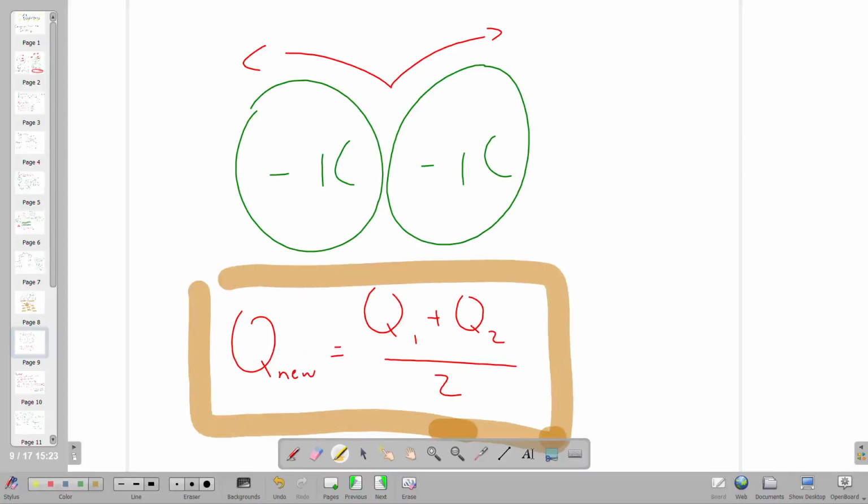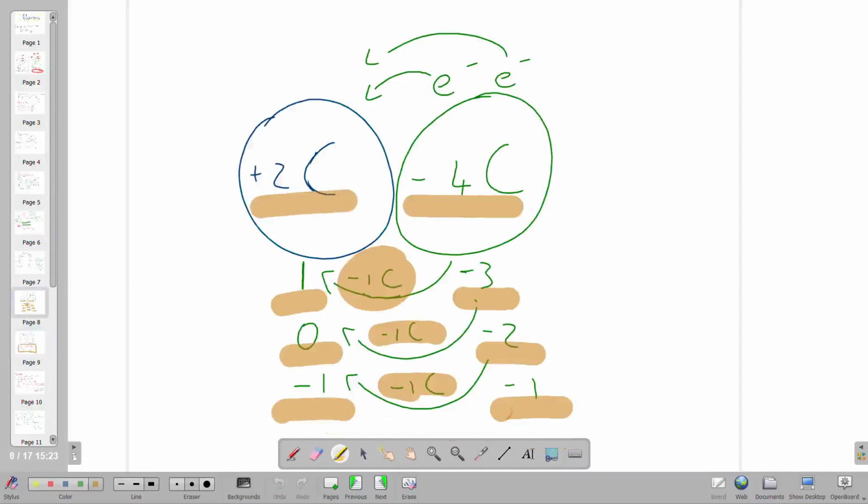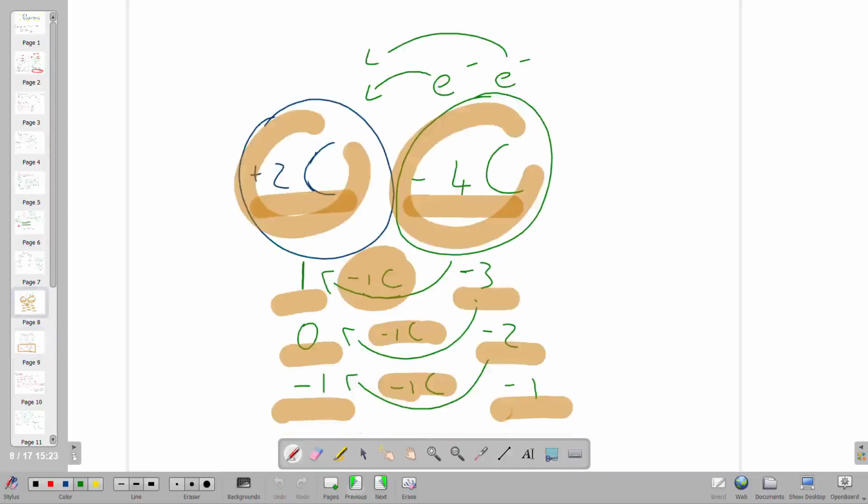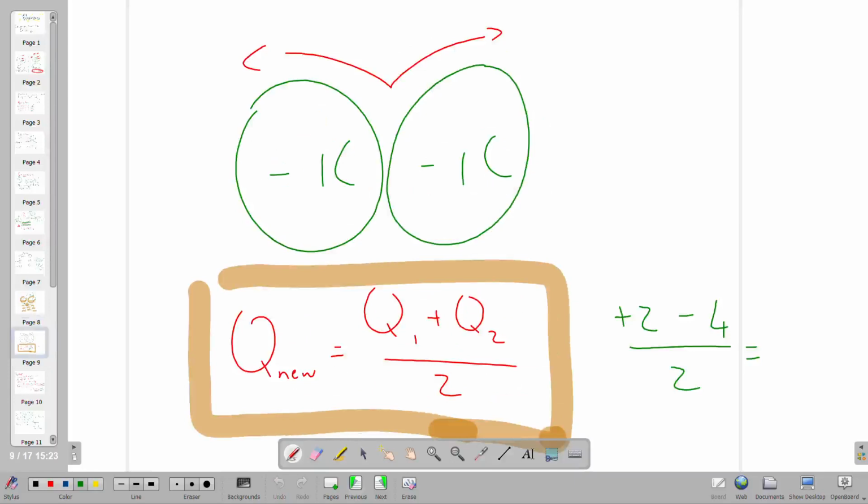As you can see from the previous one, +2 -4, if I put that into the formula here, I can say +2 -4 all over 2. The answer is going to be -2 over 2, which is -1 coulomb, which is what we see here in our example.